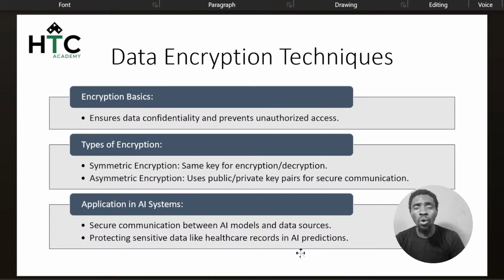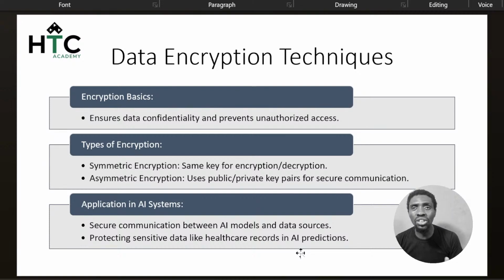Once the AI developer gets that data, they are supposed to change it from ciphertext back to plain text. Before they can do that, they need the same encryption key that I used to encrypt it before sending it to them. They will need to use that same key to decrypt.